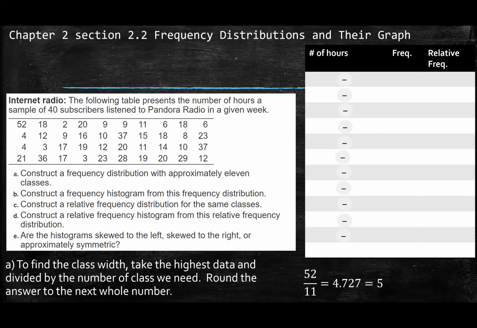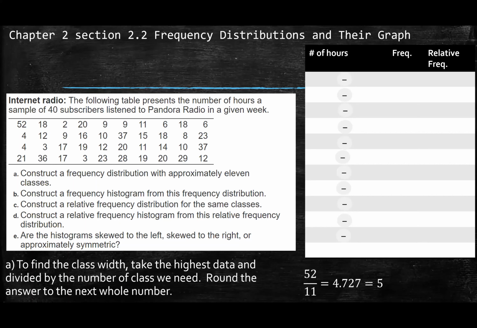We want to have how many data in each class. We want to have a whole number of data. I cannot have 4.7 of a data, right? So for the class width, you have to go up to the next whole number, okay? Even if, for instance, this is 4.27, you still have to go up to 5 because we want to overestimate rather than underestimate, okay?